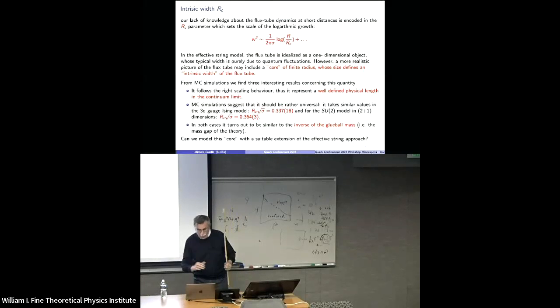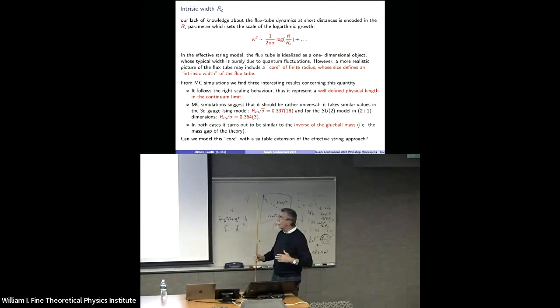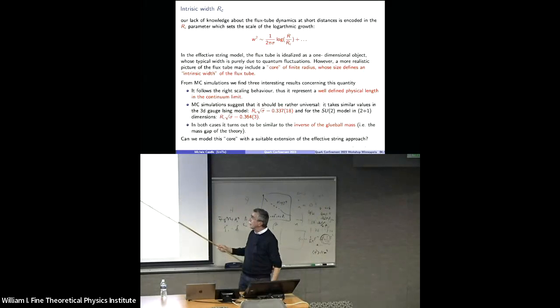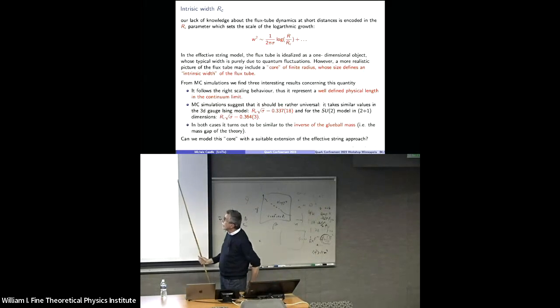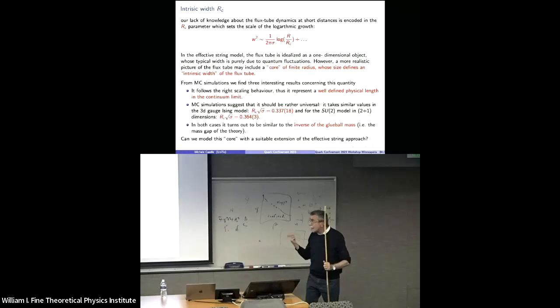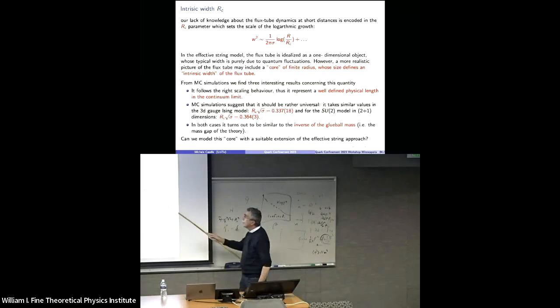Okay, let me add a comment on the second point. An interesting feature of the Nambu-Goto action of a QCD string, of this logarithmic behavior, is that we can define this critical distance RC, which in principle should be simply an ultraviolet cutoff, but instead, if you perform measurements, this quantity scales exactly as any other physical quantity. So it defines a new physical scale that you can measure.